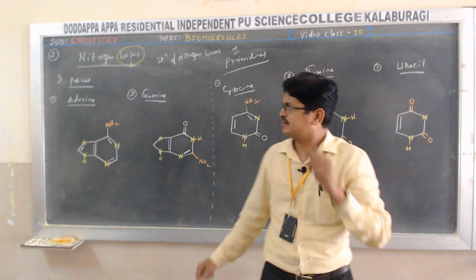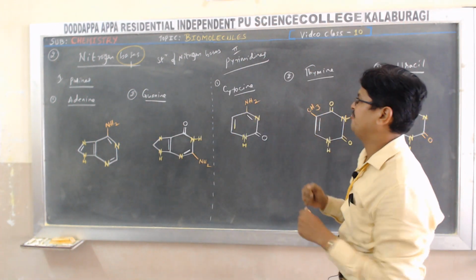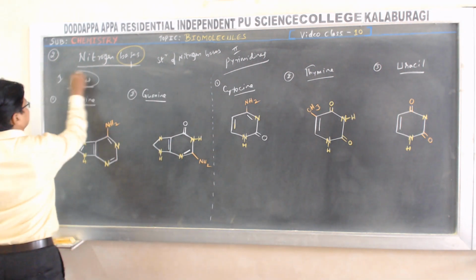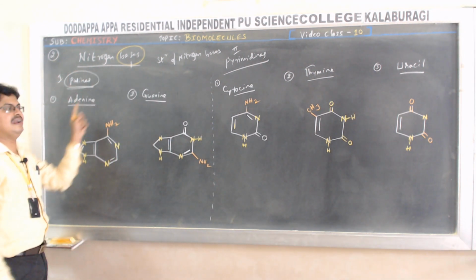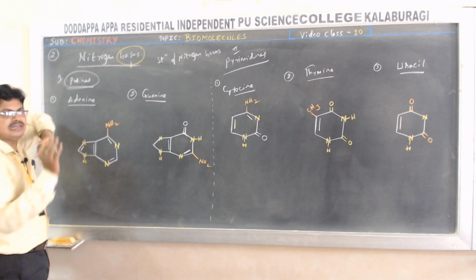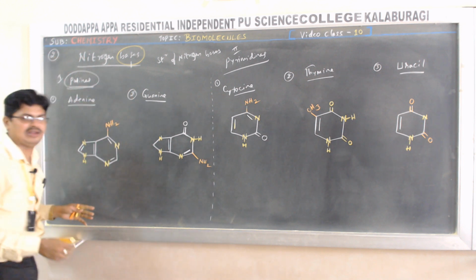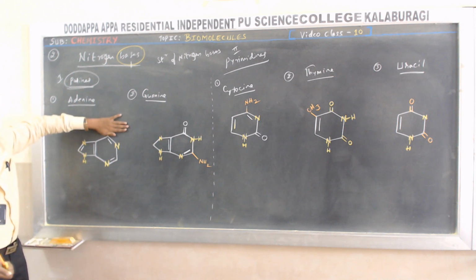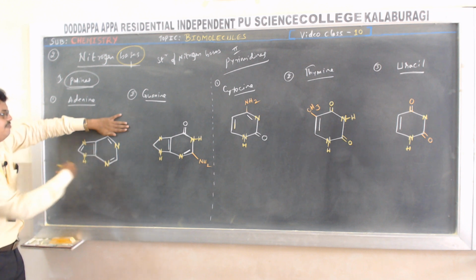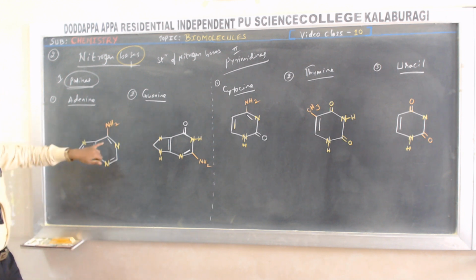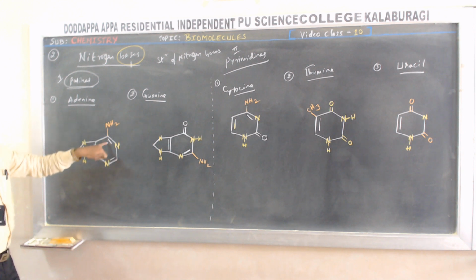Okay students, this is about the structures of nitrogen bases. Look at here. First, purines. Adenine and guanine belong to purine. For this you have to consider the purine structure I already wrote before. Without the amine group, this is the structure of purine. If I insert the amine group, it becomes adenine.